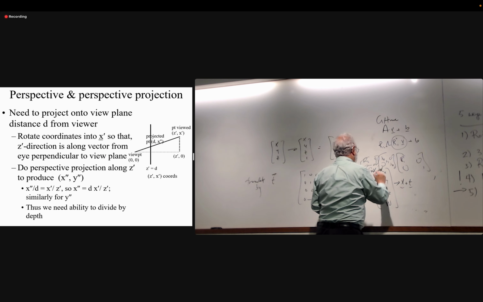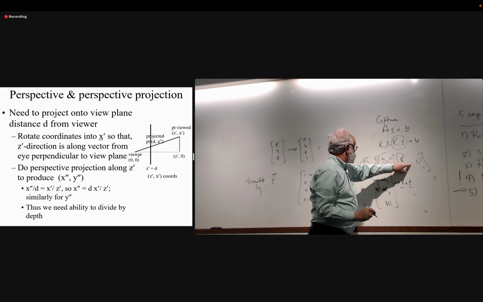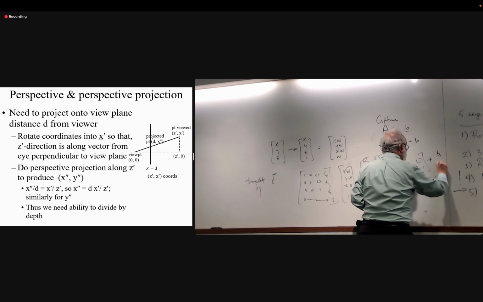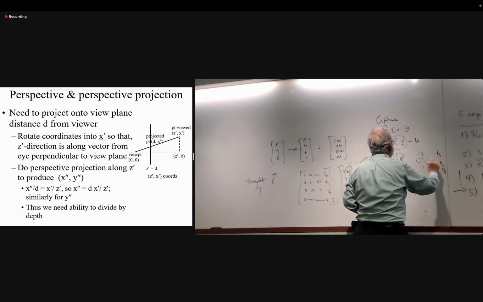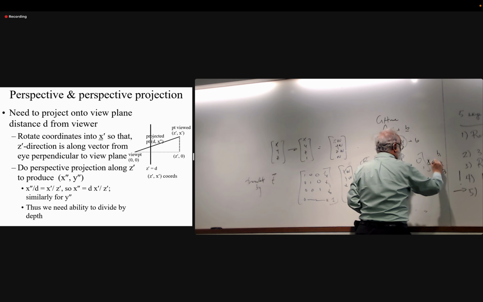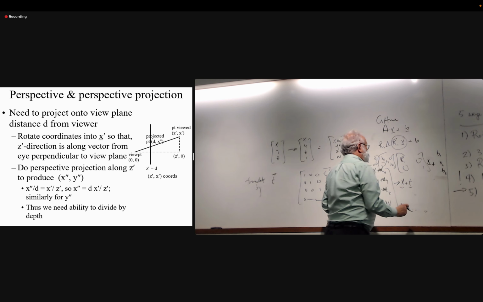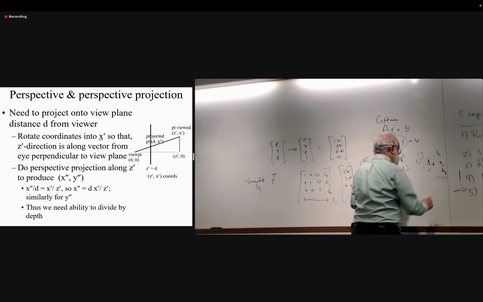So we multiply first by this matrix, and then by that matrix, and then by that matrix, and then we add B1, B2, B3.